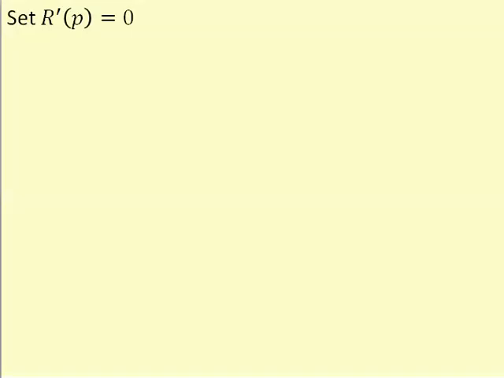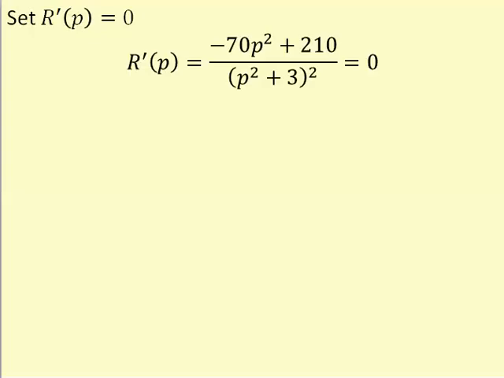So we take the marginal revenue function and set it equal to 0. Once we set it equal to 0, we can see that the only way that this function is going to equal 0 is if the numerator equals 0.